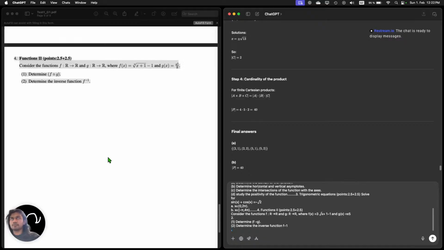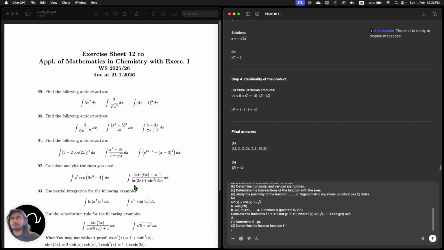Okay, those are copy-pasted. Now, what's the next one? Let me first ask for this. These are the questions I got from the previous year's question paper.